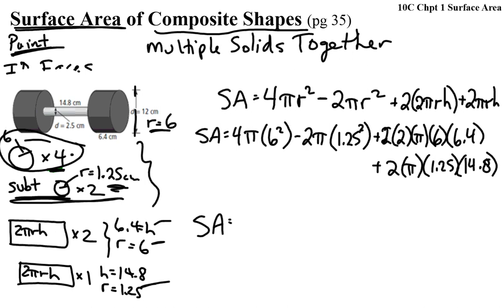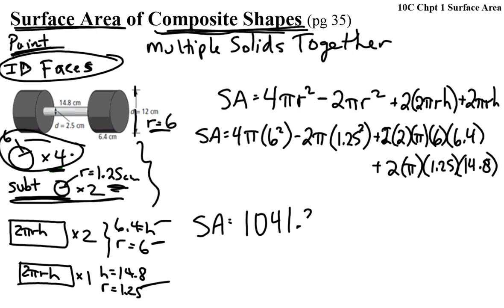The tricky part is understanding all of the parts. It's identifying the faces, which is what I said before I erased something. That's the tricky part for 3D composite shapes: understanding all your faces. You end up with 1,041.36 centimeters squared.